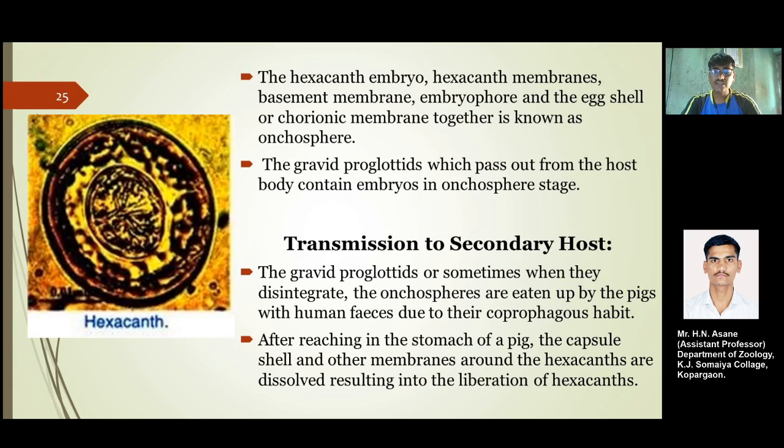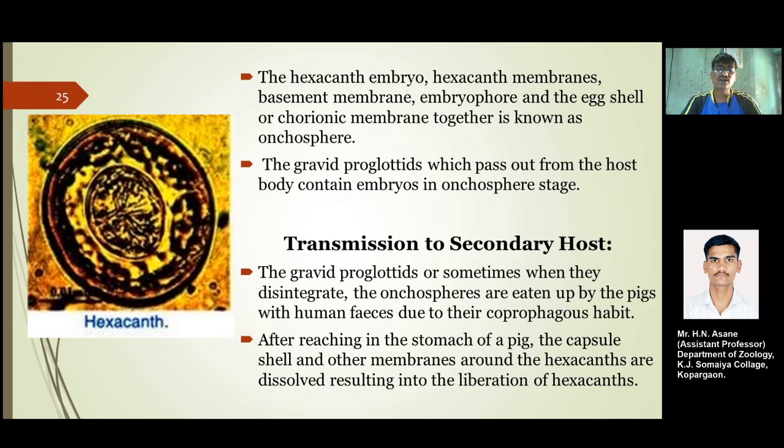After the gravid proglottid is expelled from the human who is already infected, from its primary host, then comes the transmission to the secondary host, that means into the intestines of that particular secondary host, which is nothing but the pig or the cattle.